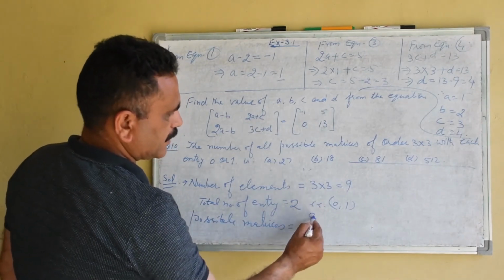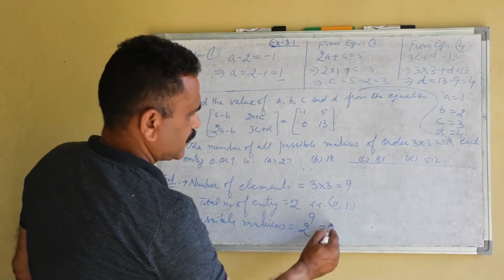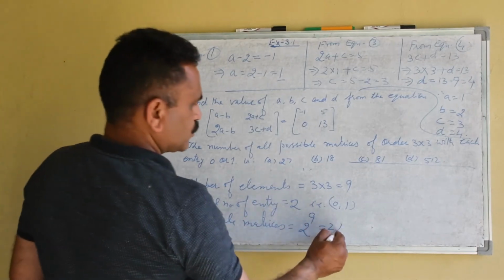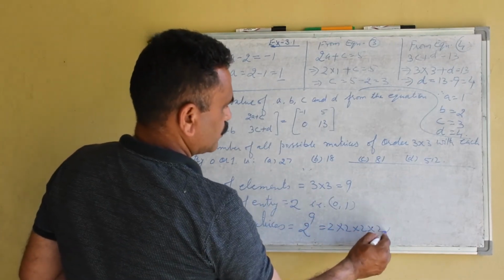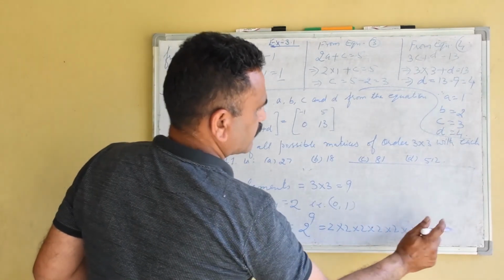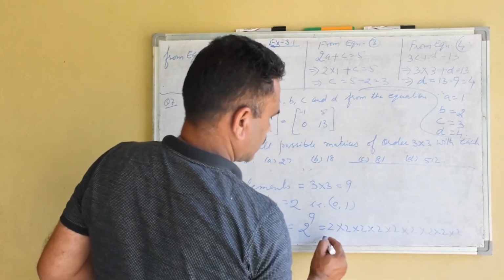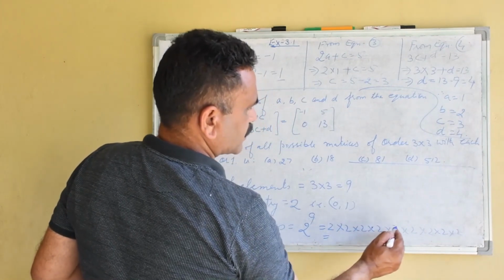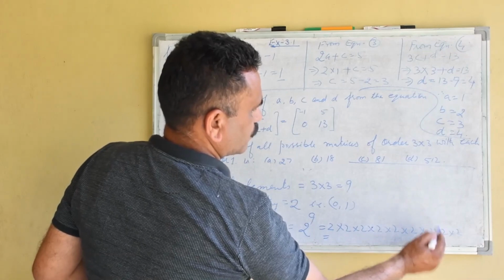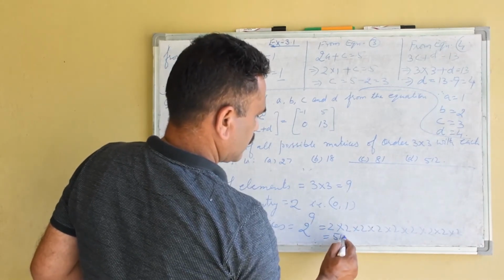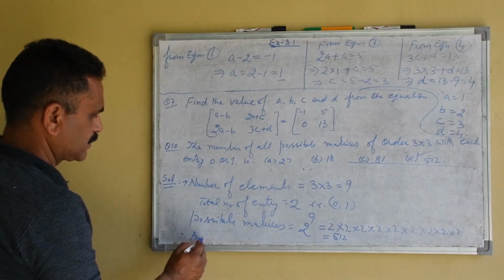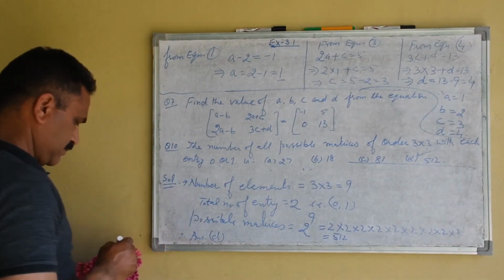So there are two digits and 9 places, so 2 into 2 into 2 into 2 into 2 into 2, nine times: 1, 2, 3, 4, 5, 6, 7, 8, 9. 2, 4, 8, 16, 32, 64, 128, 256 and 512. So this is the right answer. Therefore, answer is D.